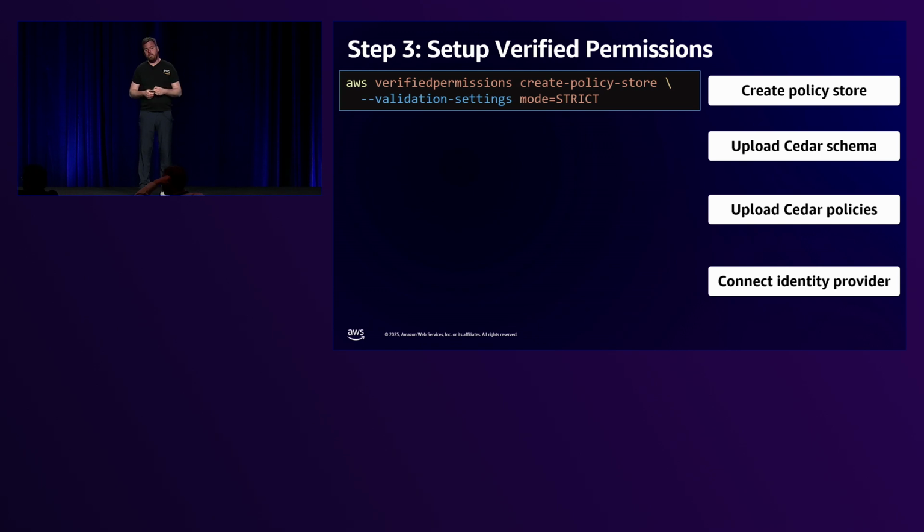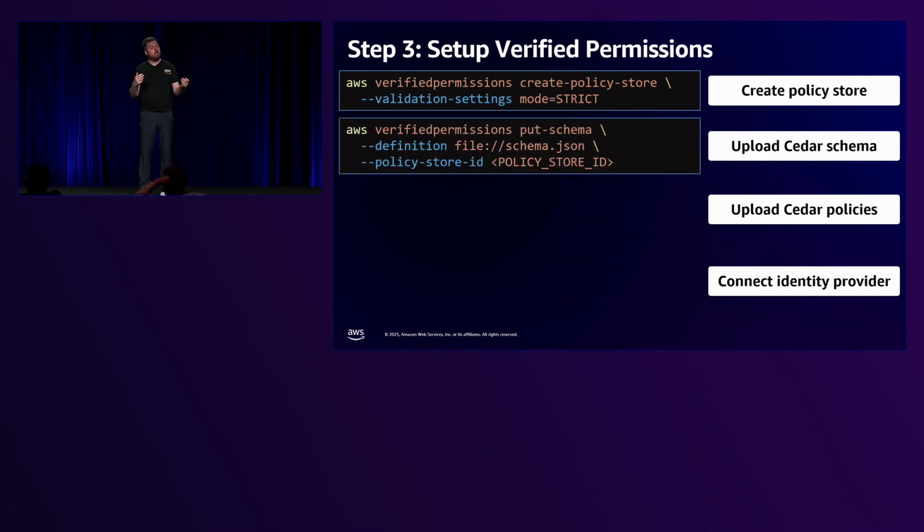So we're creating a policy store, and we're also putting in a validation statement of strict, which means that AVP will verify the correctness of the policies that we have and the syntax that we use in our application, minimizing the issues where you have maybe human mistakes or misconfigurations based on an unclear schema.